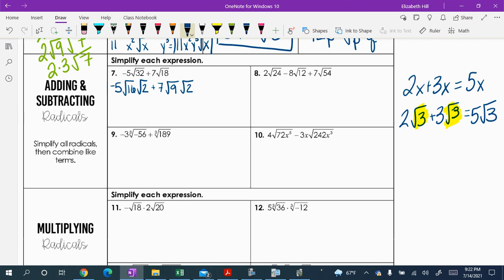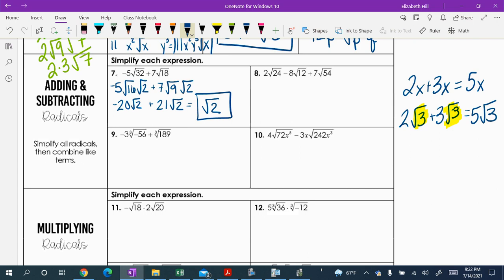Square root of 16 is 4. 4 times negative 5 is negative 20 square roots of 2. Square root of 9 is 3, and 7 times 3 is going to give us 21, so 21 square roots of 2. When I add these together, I end up with 1 square root of 2.